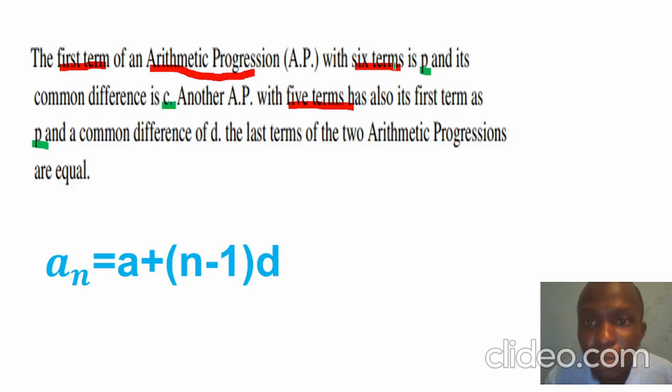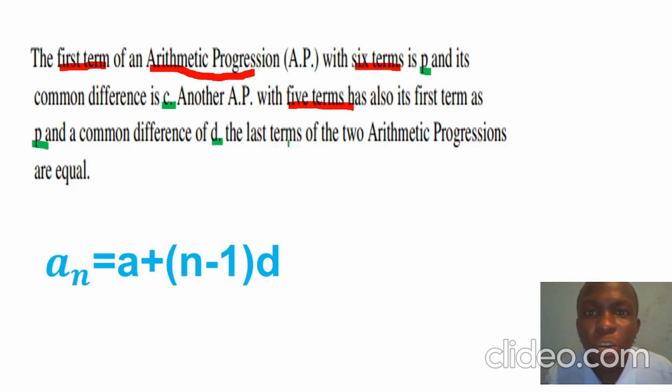The first arithmetic progression, first term is P. The second arithmetic progression, first term is P. What about the common difference? The common difference of the first arithmetic progression is C. The common difference of the second arithmetic progression is D.